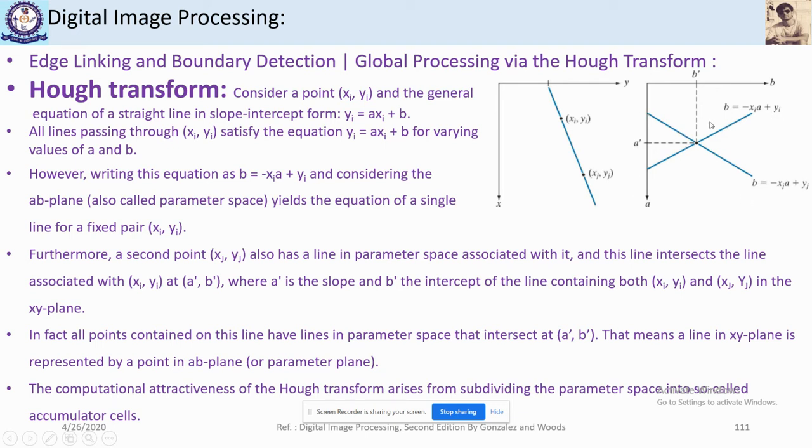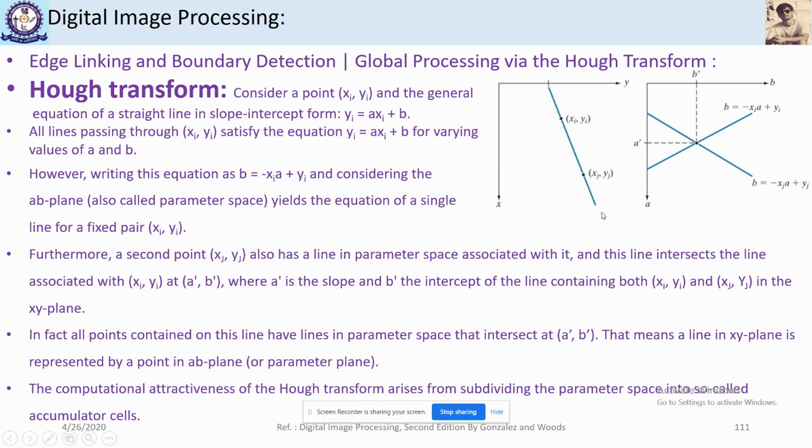So these two lines will cross each other in the parameter plane at a point, and that point will be a', b', which will be the slope and intercept of this line joining these two points in the xy plane.